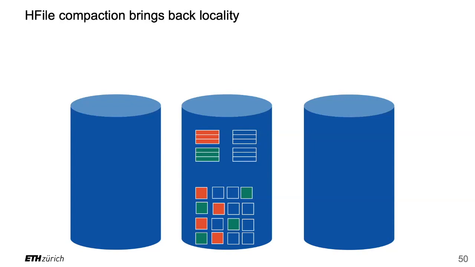Because again, when you compact, it means that you take existing files and you write a new file. So from the perspective of HDFS, you're writing a file. When you write a file, you create the blocks of the file.